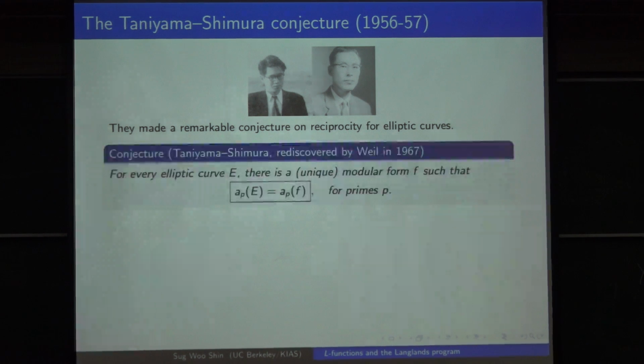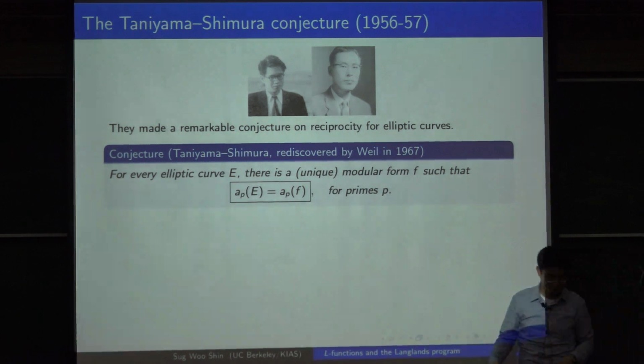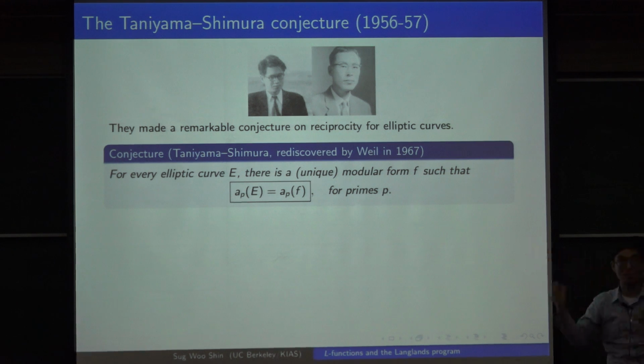And it says the following, well, remember that these L-functions were pretty similar, except that you had different numbers in some place of the definition. Now the conjecture says that these numbers are actually equal, or more precisely, given an elliptic curve, there is a corresponding modular form in a way that these numbers are all equal, not for some primes p, but for all primes p.